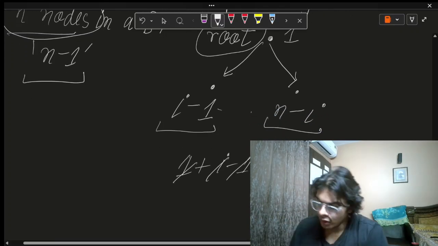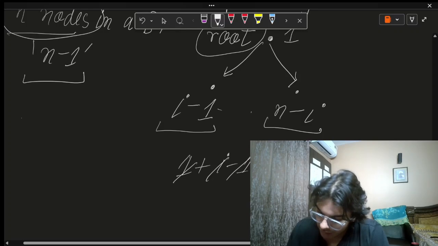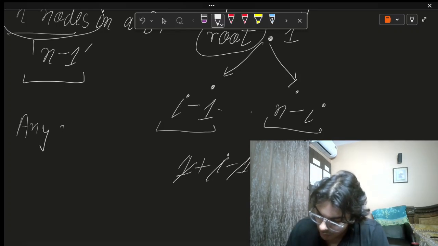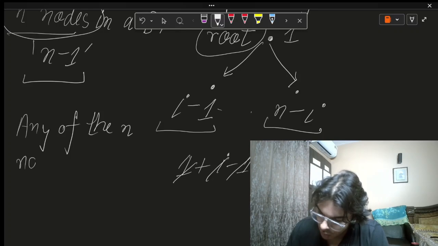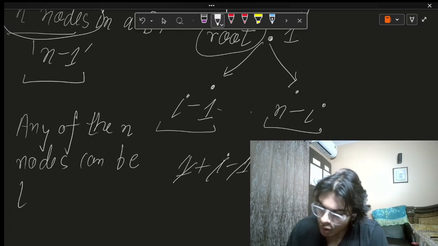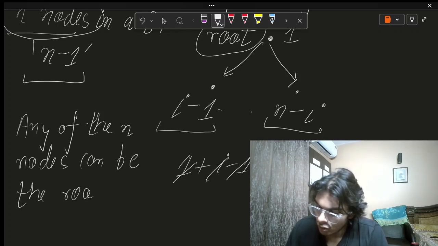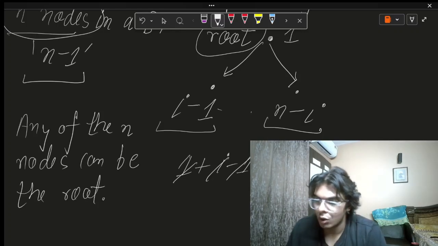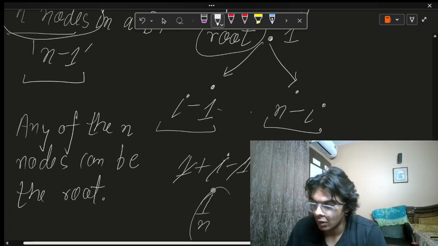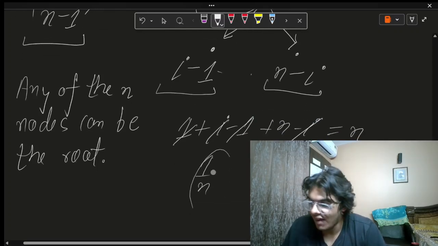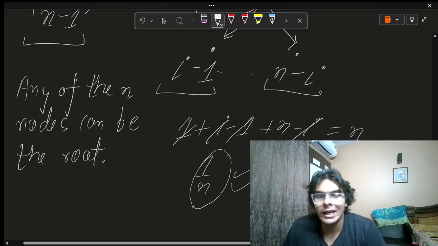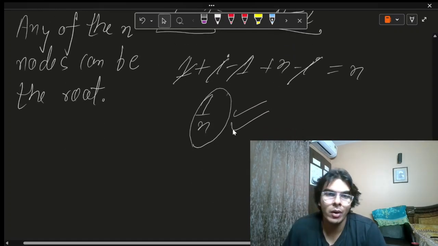Any of the n nodes can be the root, which means the probability for a node to be the root node is 1 upon n. I was just giving this as a fact. We are not going to be using this, but the probability for any node to be a root node is 1 upon n.